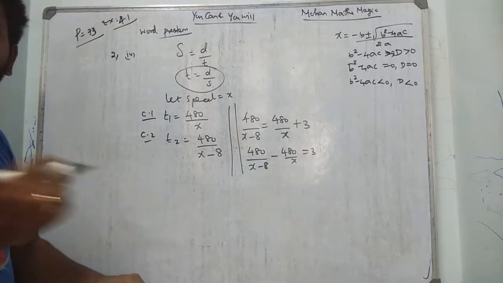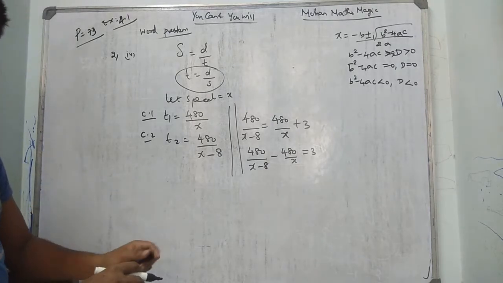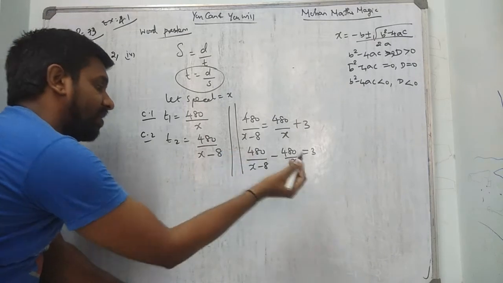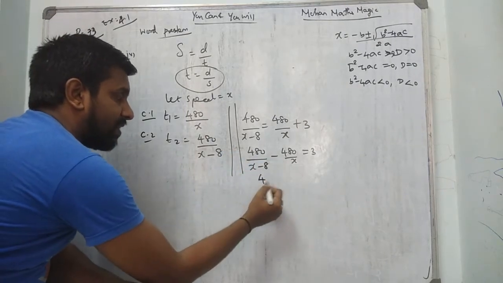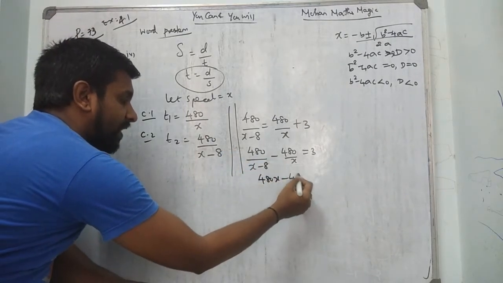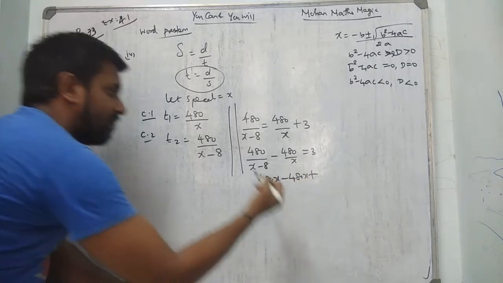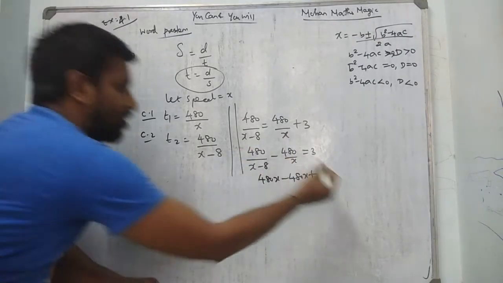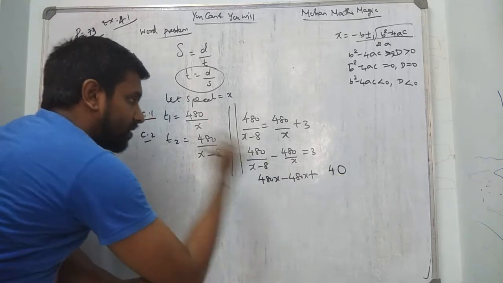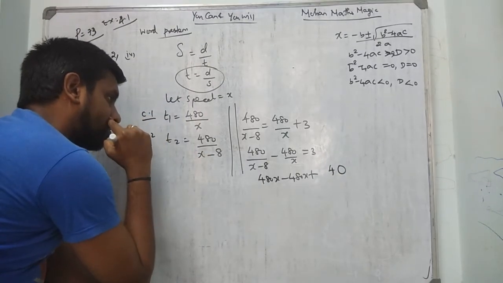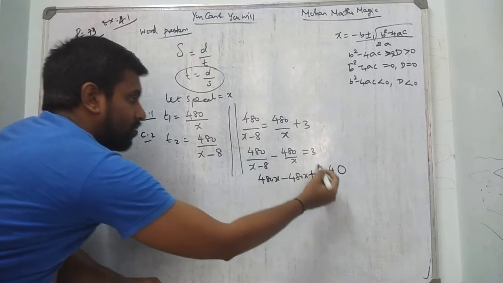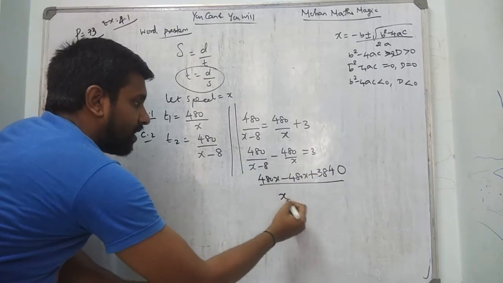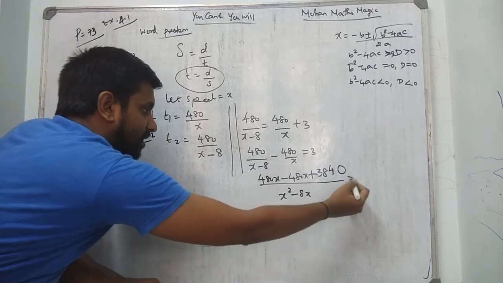Okay, for me this is coming. Let me check the equations, we will see. So 480 you can take in common outside, or you can cross multiply. 480x minus 480x plus 3840 upon x square minus 8x equal to 3.